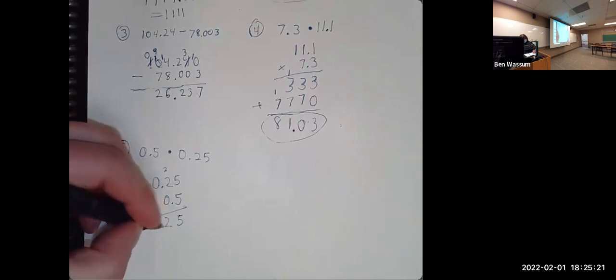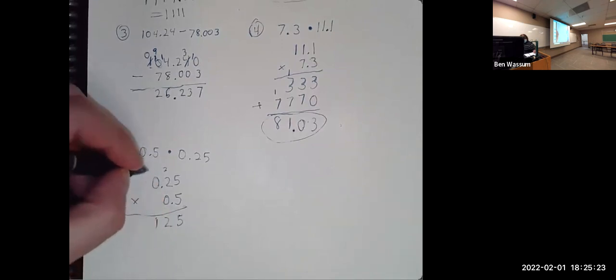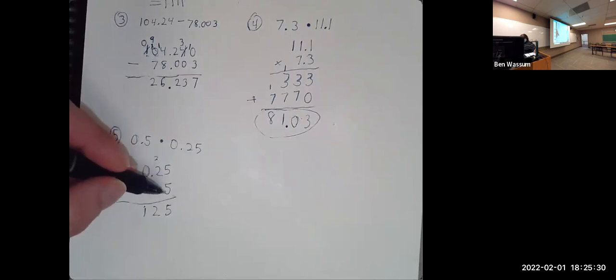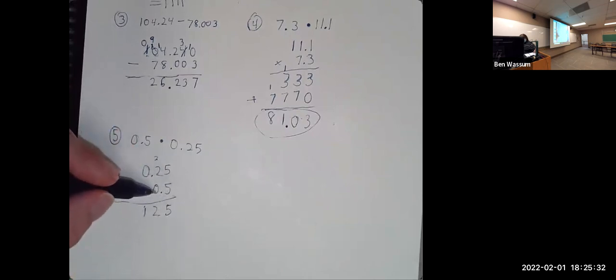So we'd have 12. We don't really need to carry because that's a 0. So we're good there. And then again, we wouldn't have to move over a row and put a 0 and do the multiplication because we have a 0 right here.